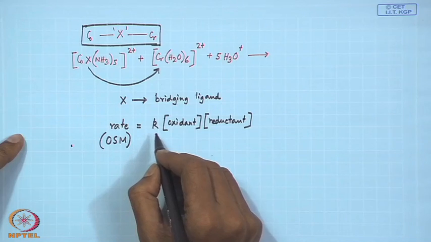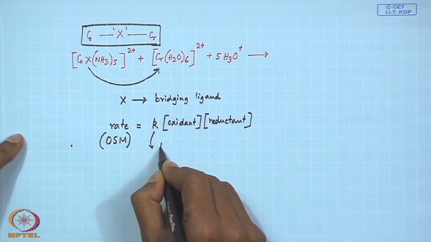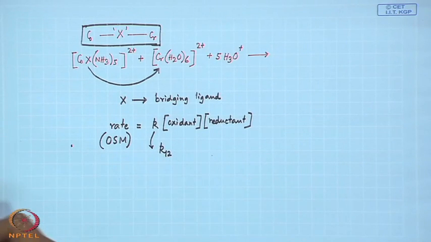This particular rate constant for the reaction can be considered as K12 for species 1 and species 2.